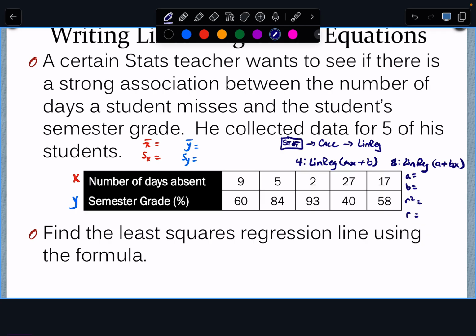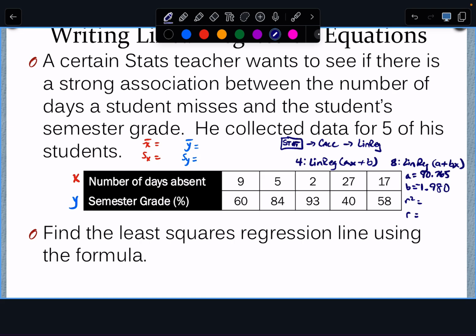Go to 3 decimal places. So 90.765 is A. What is B to 3 decimal places? Negative 1.980. So those would be the two pieces I'm interested in right now.